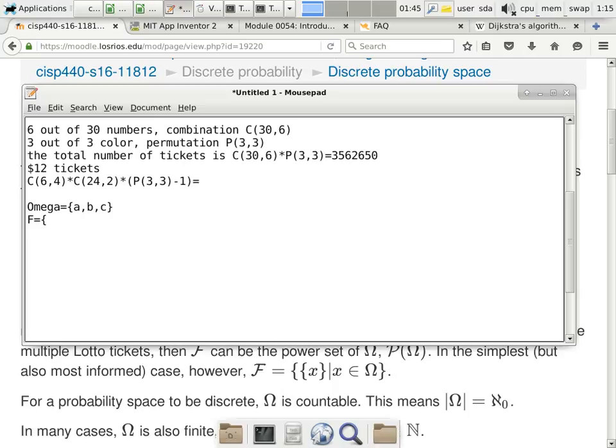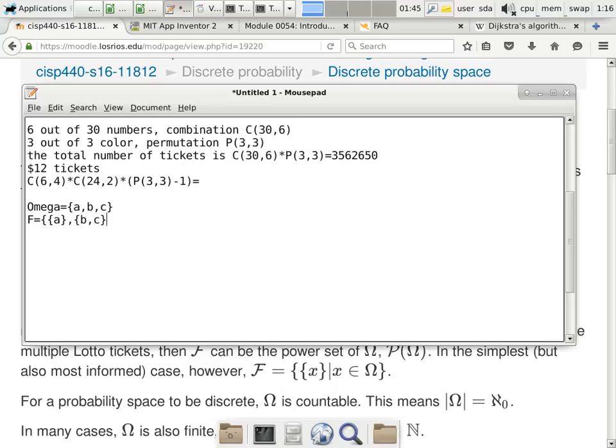Can you give me the actual punctuation as well, not just A? Because each element of F is a subset of omega. So A by itself is not a subset of omega. A itself is an element of omega. So it is important to make that differentiation. Okay? So what about the other one?